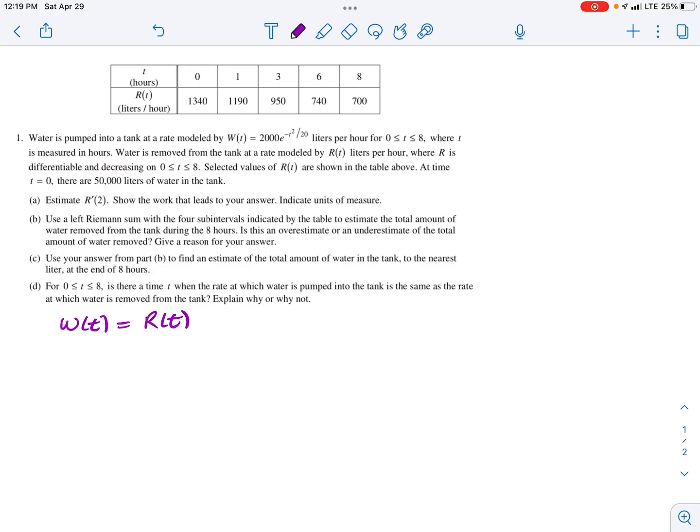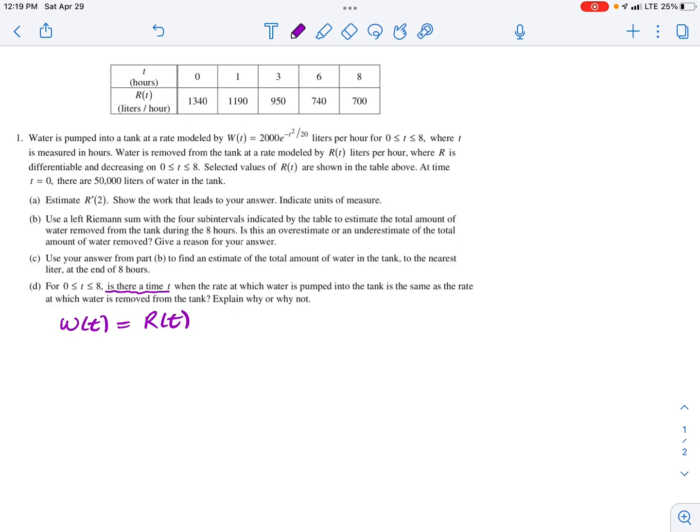So the reason why I say this is probably a theorem question is that they're asking about the existence of a time t. So I'm probably going to use, like I said, IVT or MVT, because we're talking about when they're equal to each other, right? So it's not talking about the existence of a max or a minimum value, which would hint to use EVT.